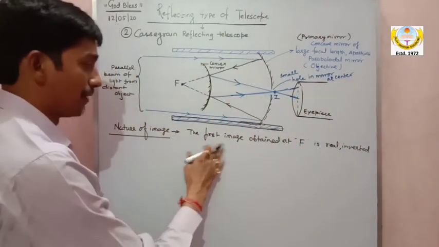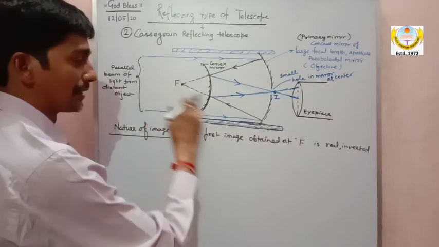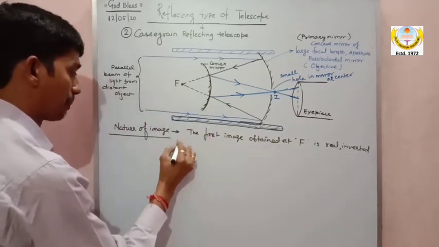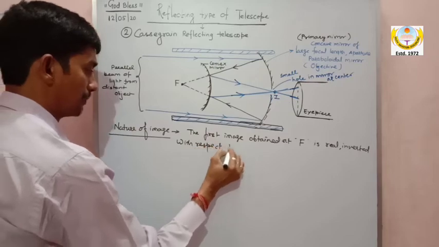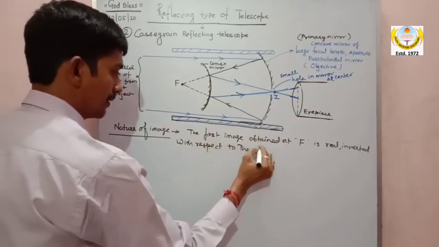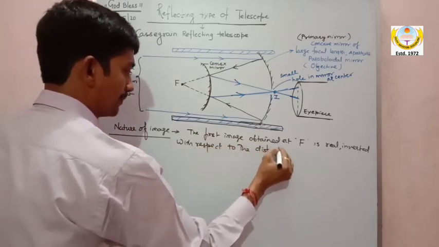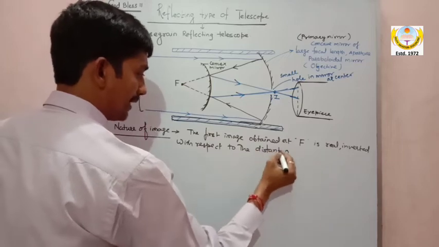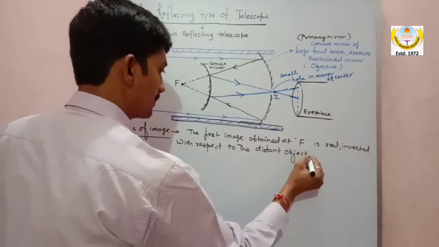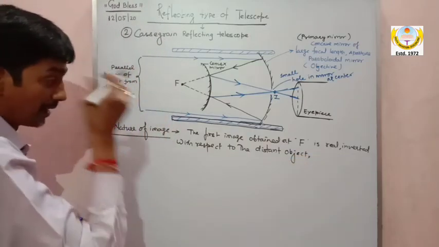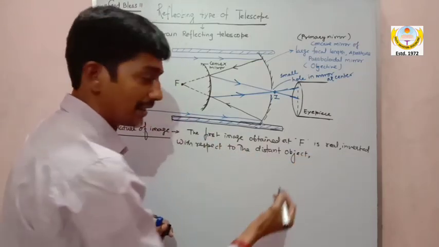So here, my dear, the first image obtained at F is real inverted with respect to the distant object. I hope it is clear.